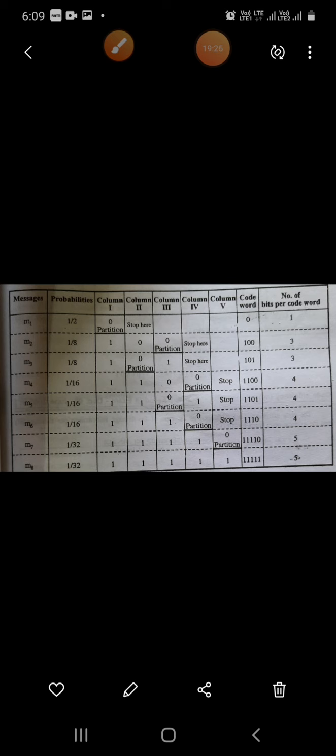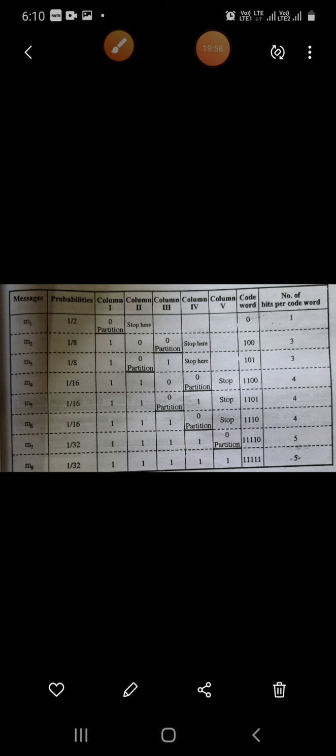Whereas the probability decreases, the number of bits in the encoded word will increase.